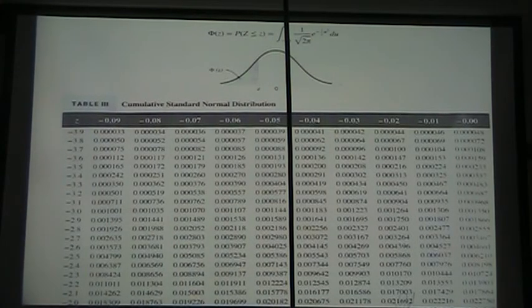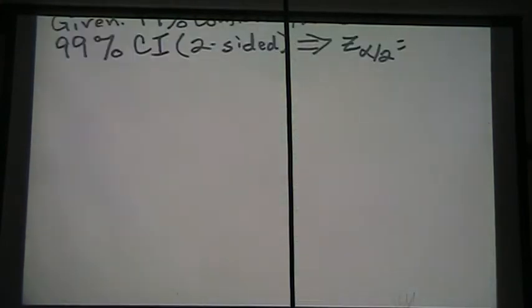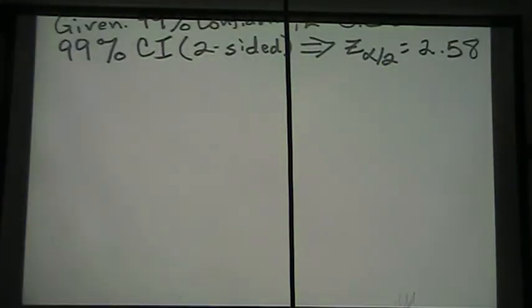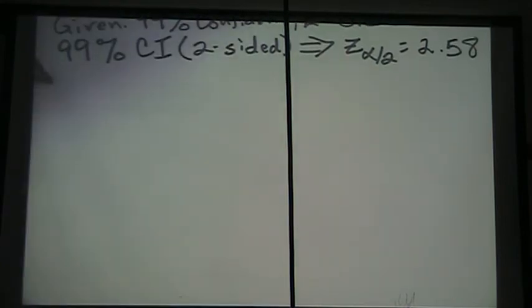And abstruse calculations, as far as I'm concerned, are the most boring kind. All right, so that implies that our Z alpha divided by 2 is 2.58.